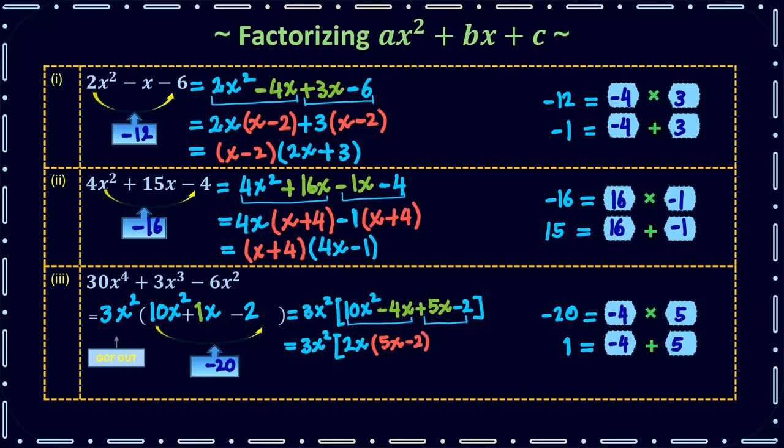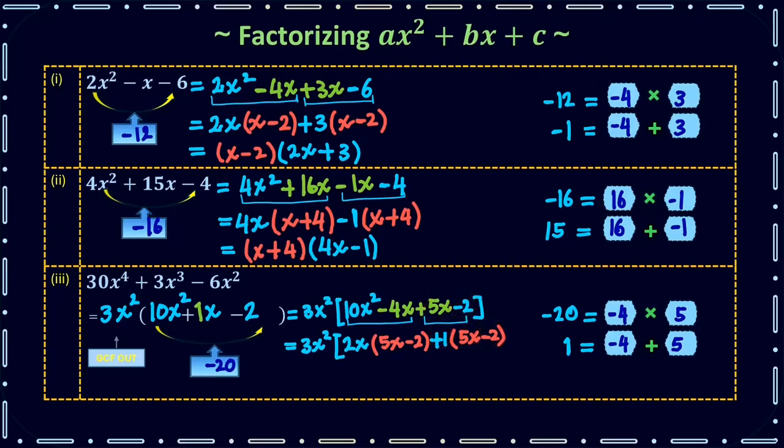For the second group, notice that there is absolutely nothing in common. We have 5x and 2. Those coefficients have no GCF other than 1. Therefore, I'm going to write out +1, open parentheses, 5x minus 2, because 5x divided by 1 is 5x. -2 divided by 1 is -2.